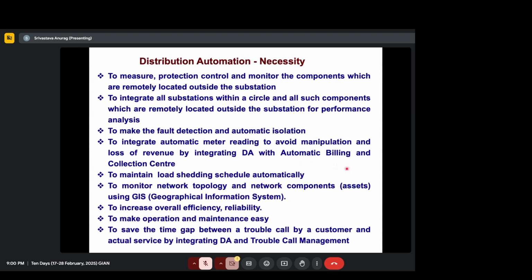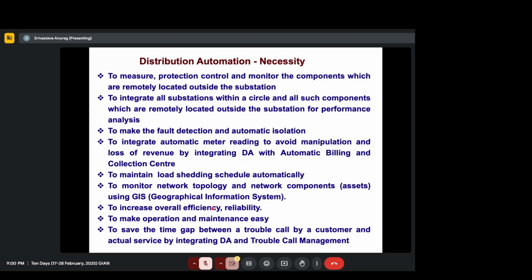It can also help with automated billing and collection, right? It should do load shedding automatically if the frequency is going down. It should also integrate the GIS map and network topology and network components together, and make all its effort, and we're all talking about in an automated way, right? To increase efficiency and reliability and make the operation easy.